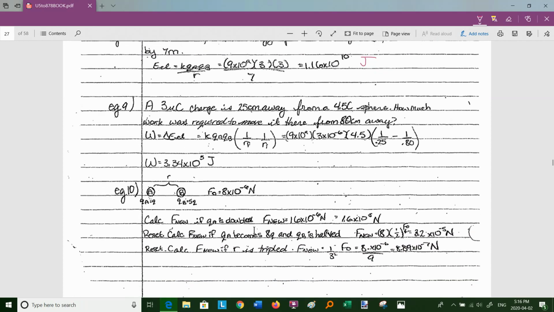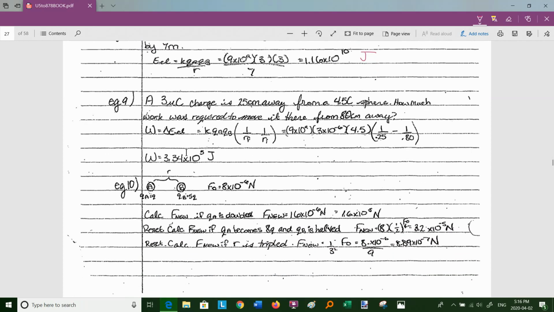Example 9. Here we have a 3 microcoulomb charge 25 centimeters away from a 4.5 coulomb sphere. And then we want to see how much work was required to move it to that point if initially it was at 80 centimeters away. So how much work? K QA QB times 1 over our final minus 1 over our initial.